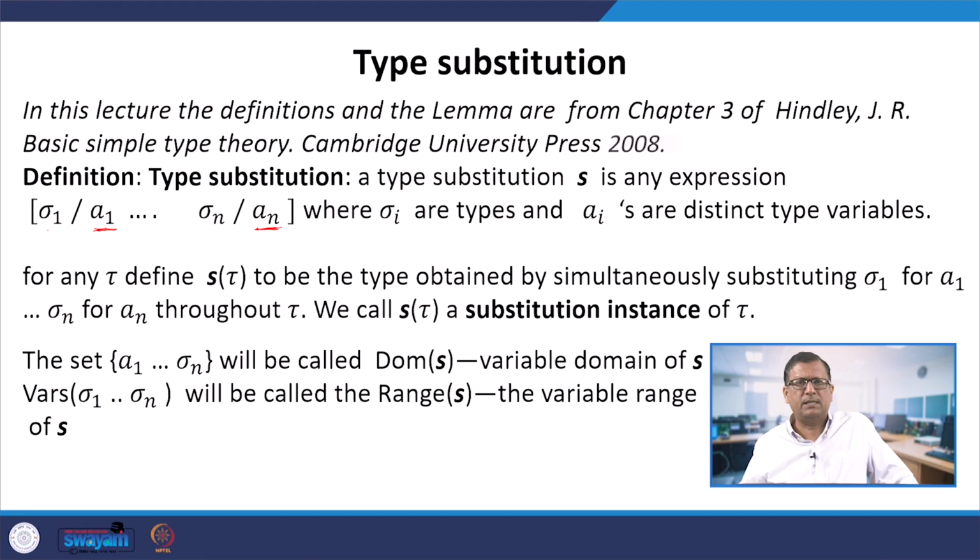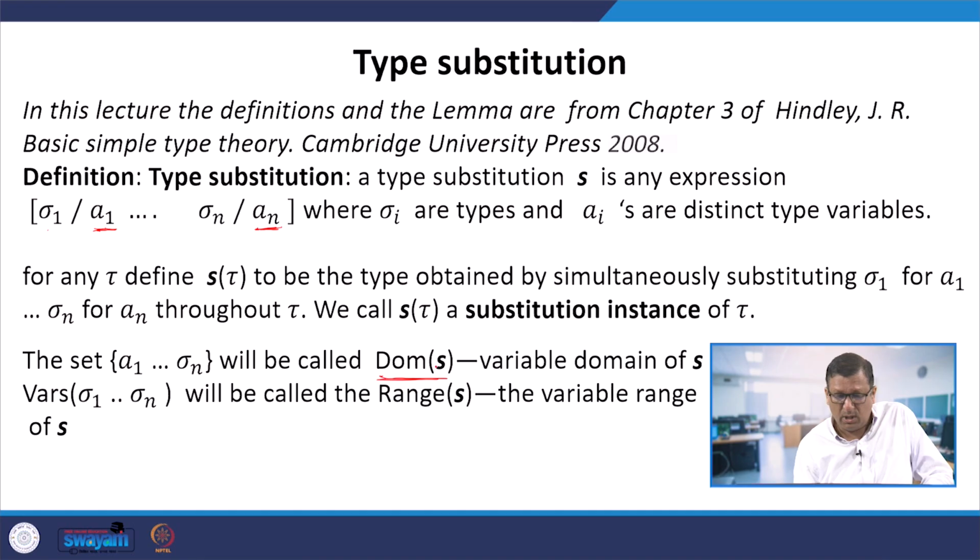That is called a substitution instance, or simply, tau prime is an instance of tau. So this set of type variables a1 to an we call the domain of S. So when we say this is a substitution S, then we have a domain of S. And sigma 1 to sigma n will be called the range of S.